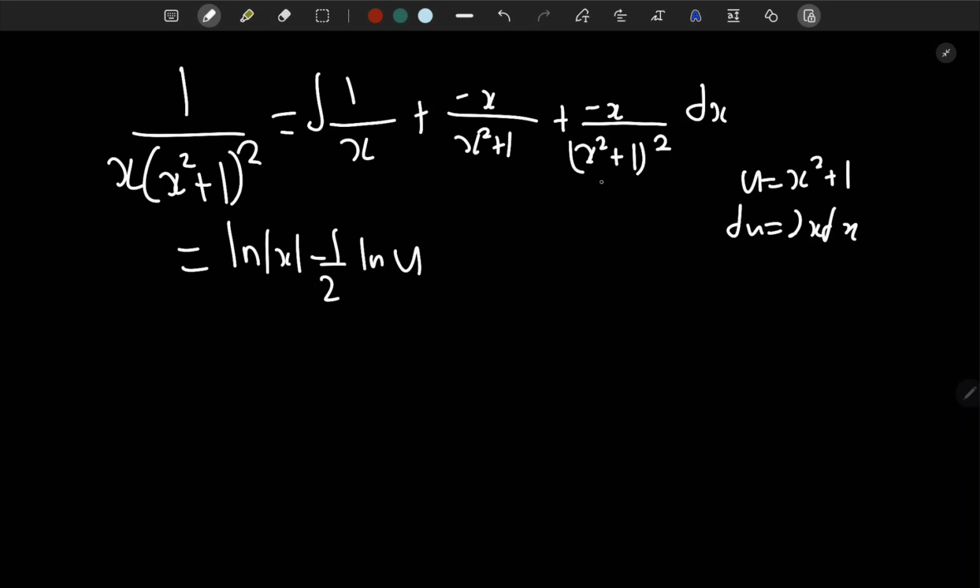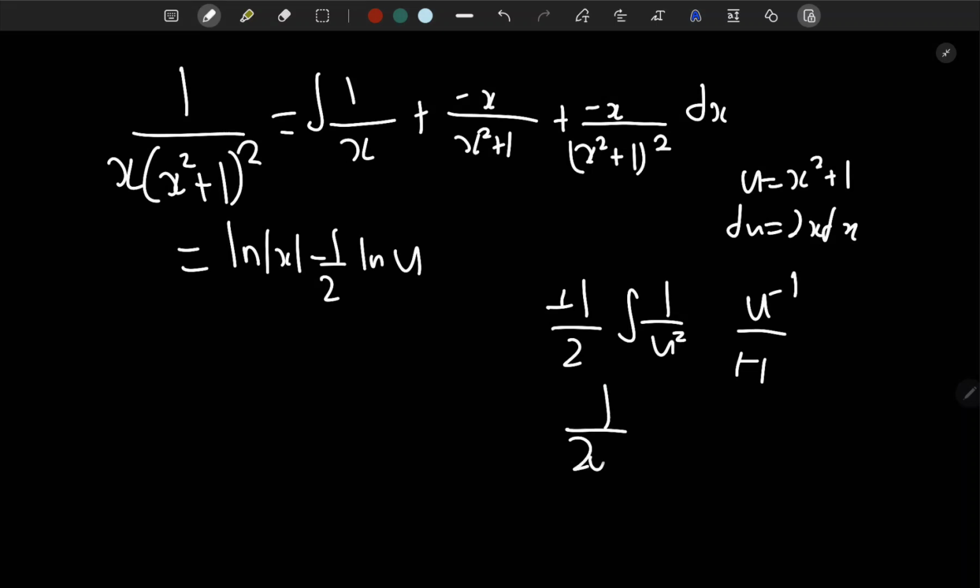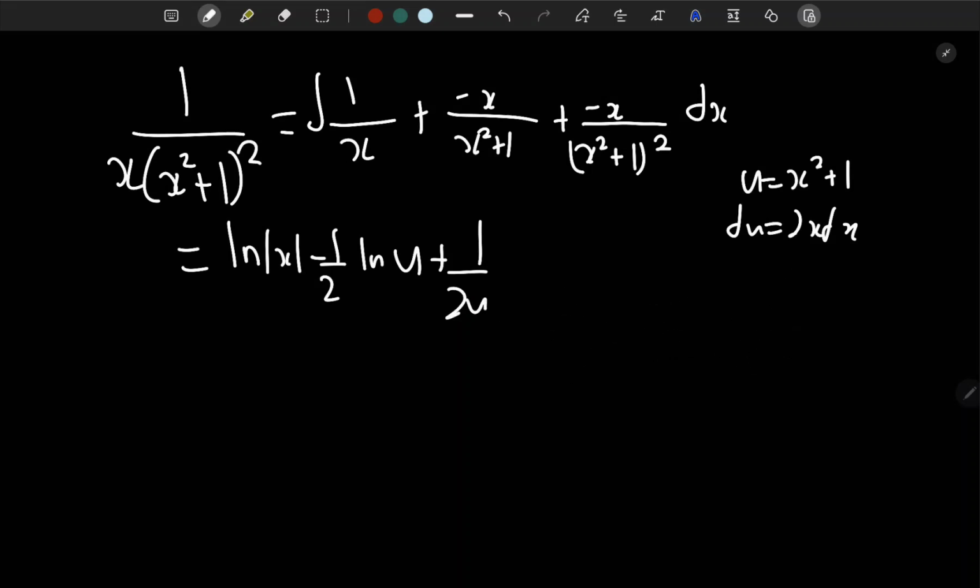And for this part again we can take u. So again, let's take u as this part, so here it's going to be again the same thing, 1 over 2, except that it's going to be 1 over u squared, and here we take it up, so it's going to be minus 2 plus 1, I mean the minus cancels out, and we are going to be left with 1 over 2u, so plus 1 over 2u plus c.